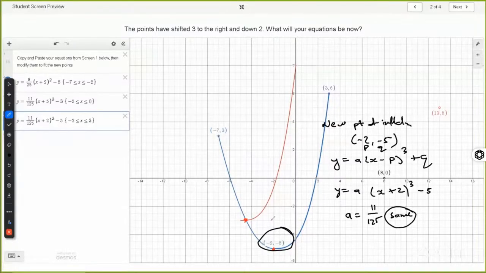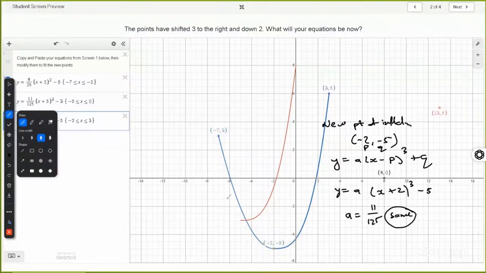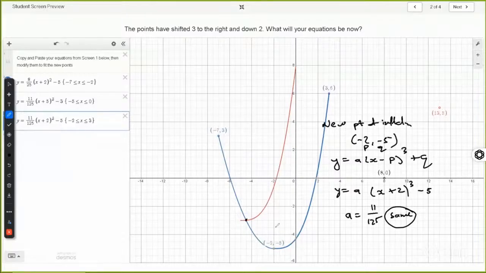How would we describe this? We can see it straightforward from the original graph that we have a horizontal shift from where we were, which was initially from there to there. Okay, we're going to go 3 units to the right.